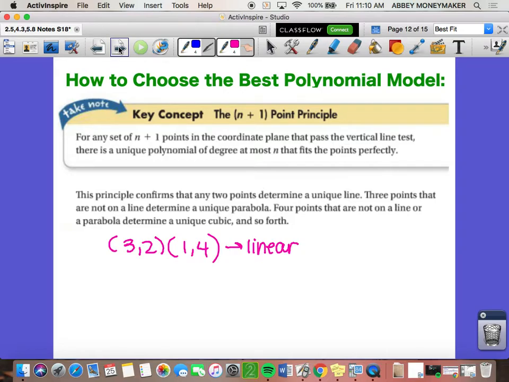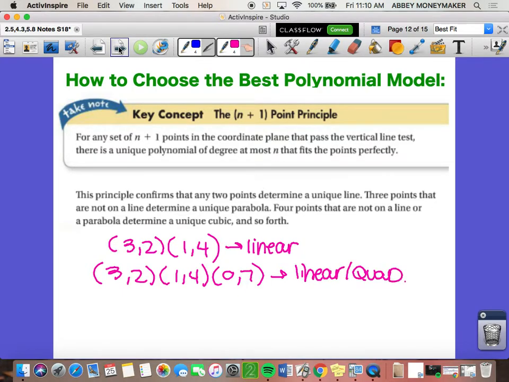If I need 3 points to make a parabola, is 2 going to cut it? No. So could you run a quadratic regression here? No. But what if you did have 3 points? What could you run? You could run a linear, and you could run a quadratic. Could you run a cubic?